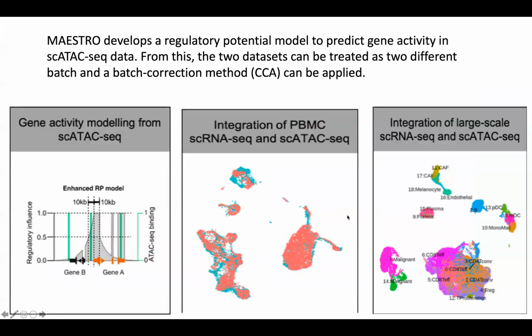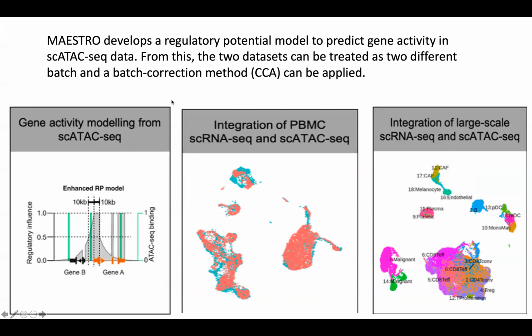What's on the left here is that from the single cell ATAC-seq, you can predict the gene activity, or whether or not a gene is likely to be expressed, just by looking at the open chromatin regions. Then you get a measurement for each gene, which you can treat as fake gene expression.